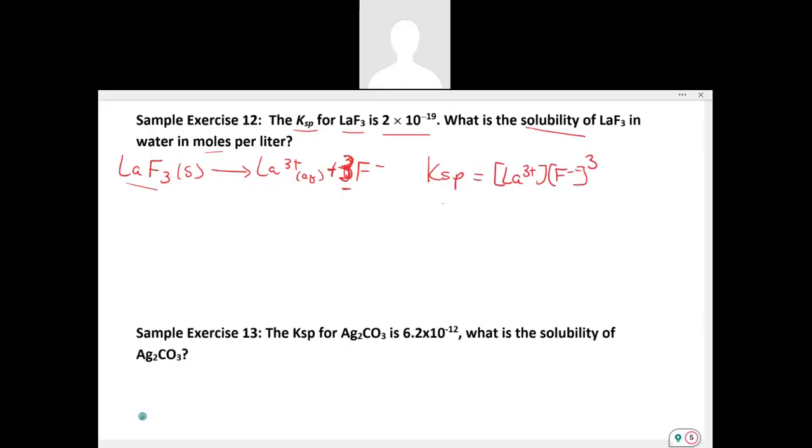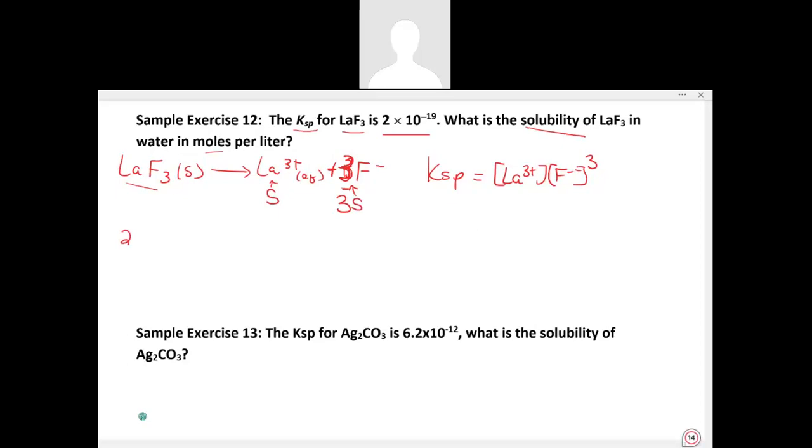Using this information, we can plug in some dummy values here. We can solve for this variable S for the solubility of lanthanide, and then the fluoride concentration is going to be 3 times that, so we're going to plug in a 3S. S represents the solubility, and 3S will represent my fluoride, from the stoichiometric coefficients.